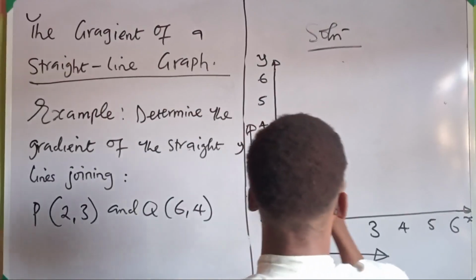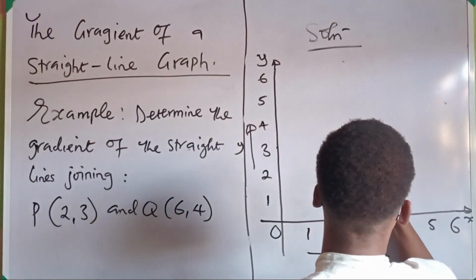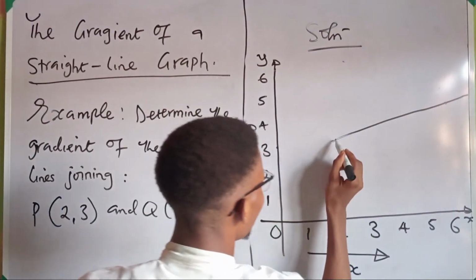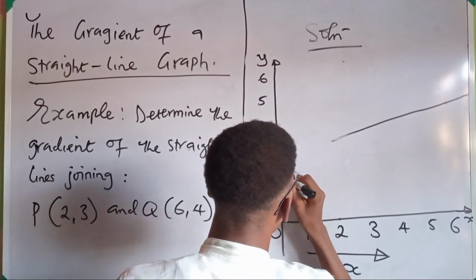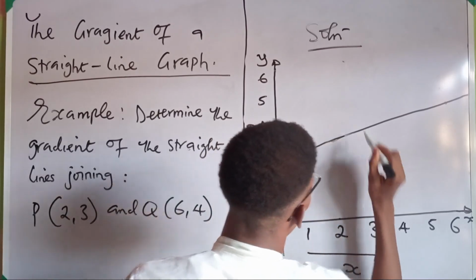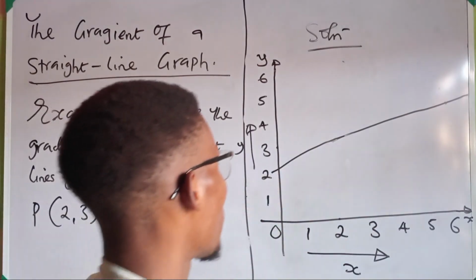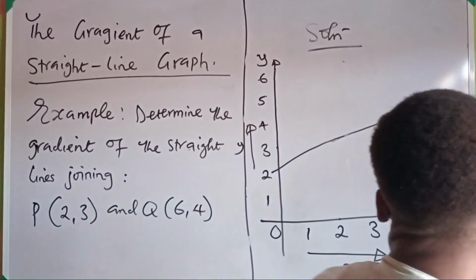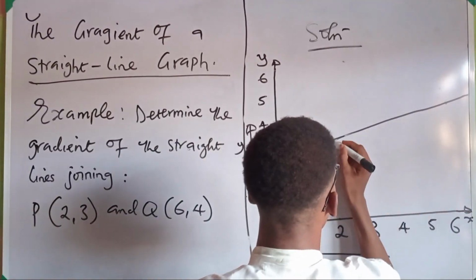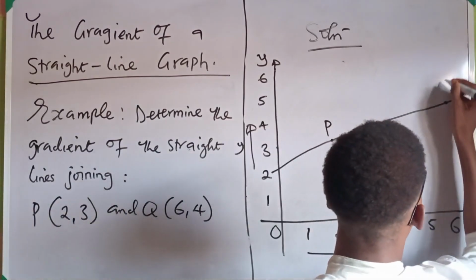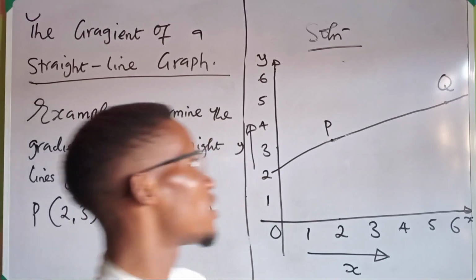Now we need to join this point to this point, so that the line cuts across the axis. This is the straight line. Remember, this point here is point P and this point here is point Q. That's how you represent it.